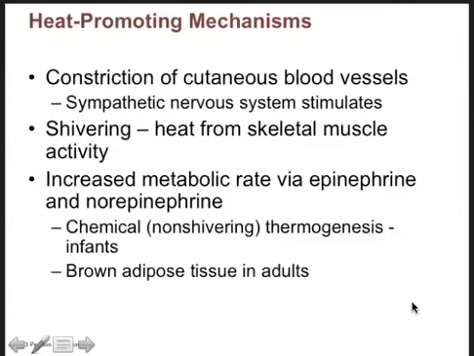This is a very special type of fat that has an uncoupled electron transport chain, and so what happens here is that NADH and FADH2 donate high energy electrons to the electron transport chain that do not ultimately generate ATP.